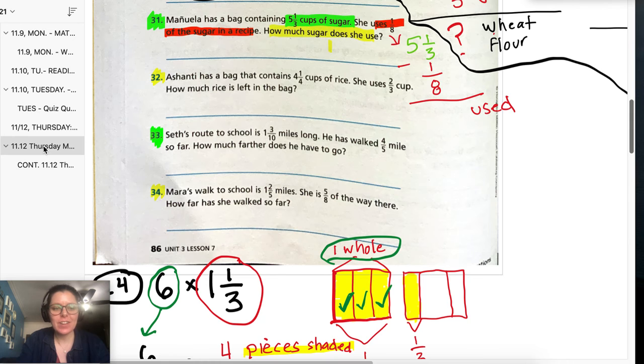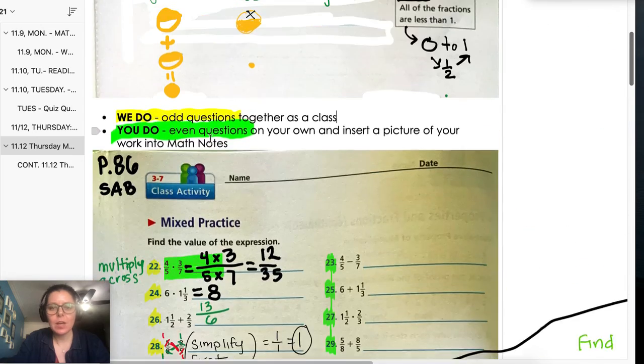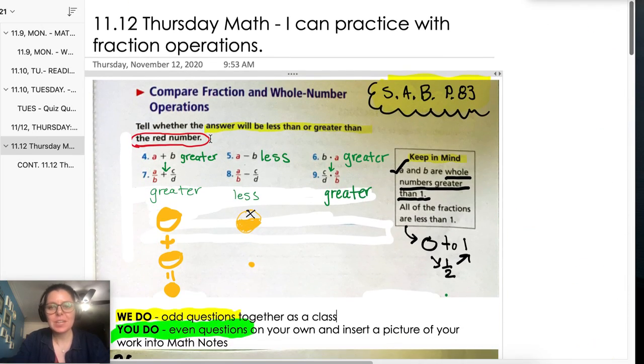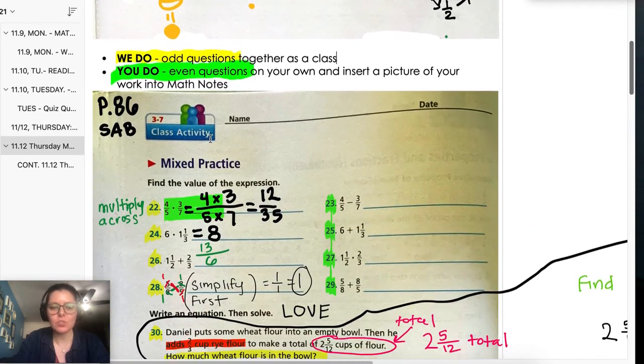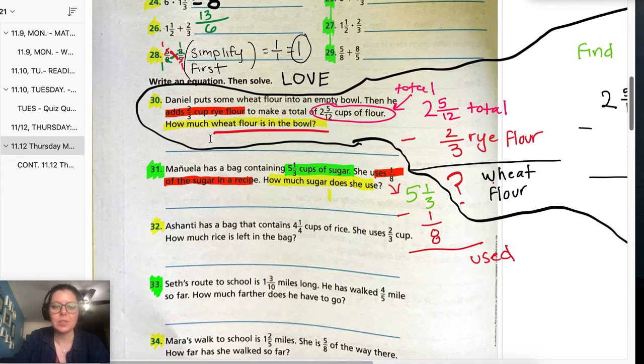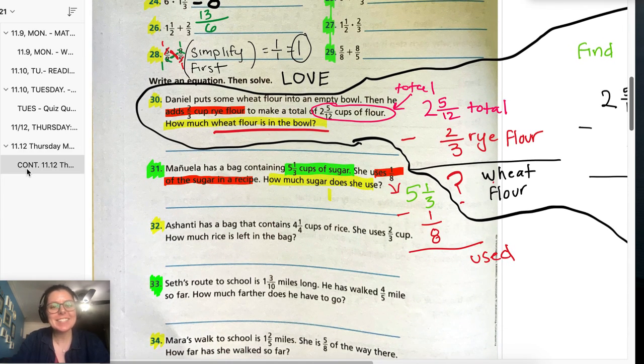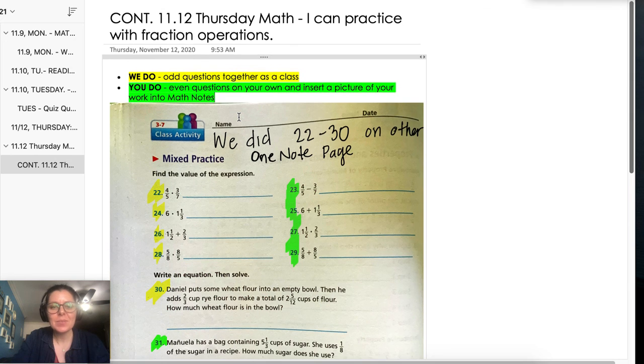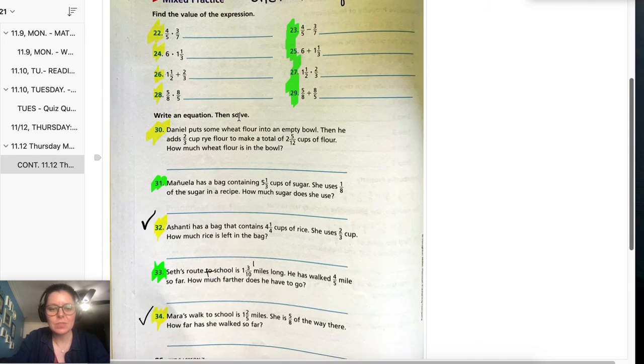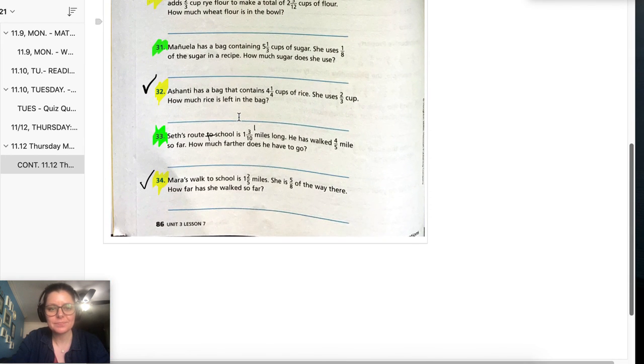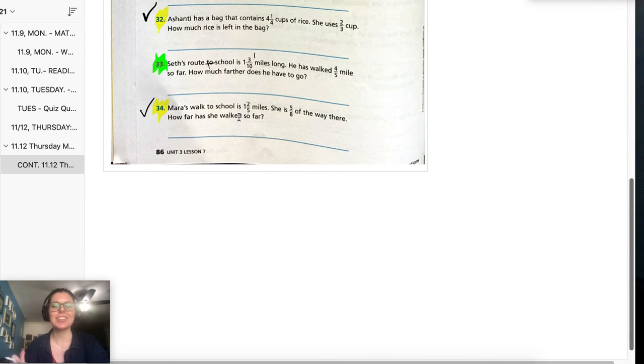You can find it right here, 11, 12. Thursday math, I can practice with fractions, operations, and we did all of those problems here, including question 30. But here where it says continued 11, 12, I'm just going to do these two questions, question number 32 and question number 34, and that's it.